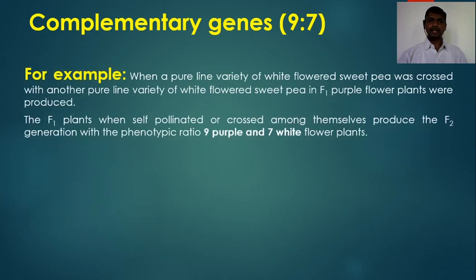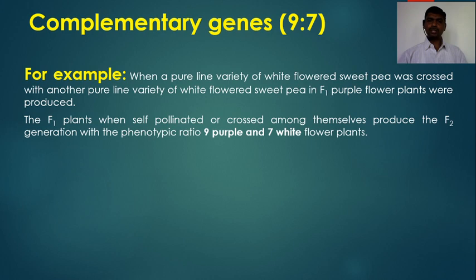So what happened here: when a pure line variety of white flowered sweet pea, that is Lathyrus odoratus, was crossed with another pure line variety of white flowered sweet pea, in F1 purple flowered plants were produced. So in this case, the parents are white flowered.